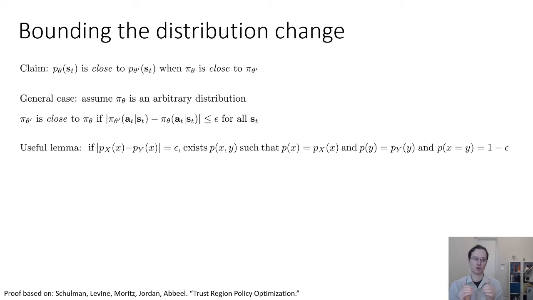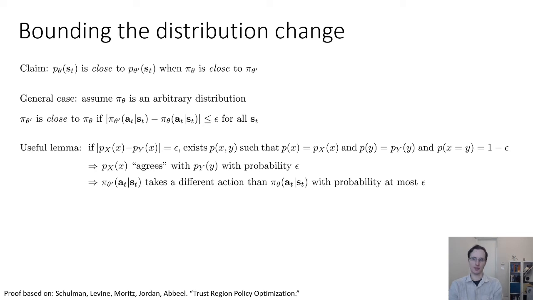So if we could express a probability that pi theta prime and pi theta will take the same action when both of them are stochastic, then we can use that to generalize the result from the previous slide to the case where the policies are stochastic. So essentially this says that px of x agrees with py of y with probability 1 minus epsilon. And that means that pi theta prime takes a different action from pi theta with probability at most epsilon.